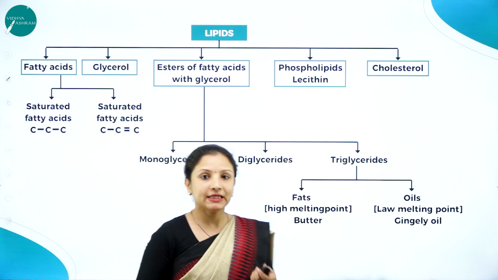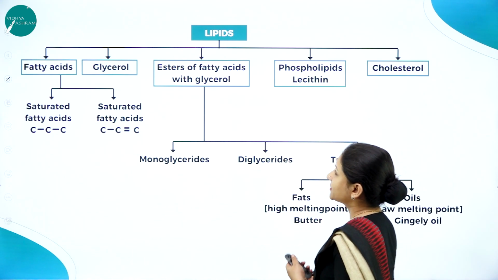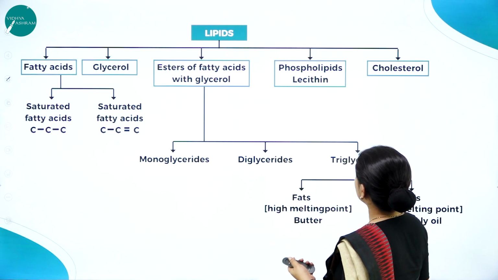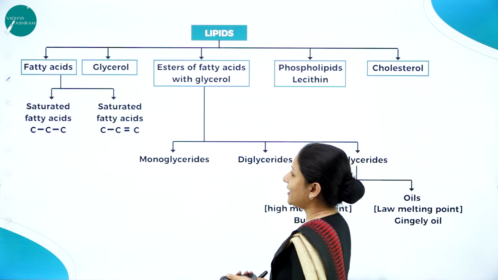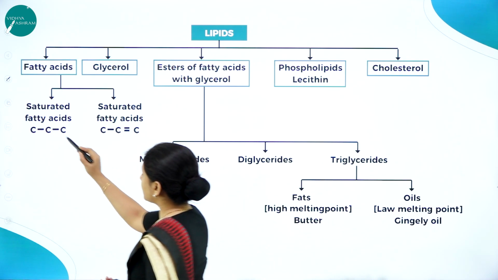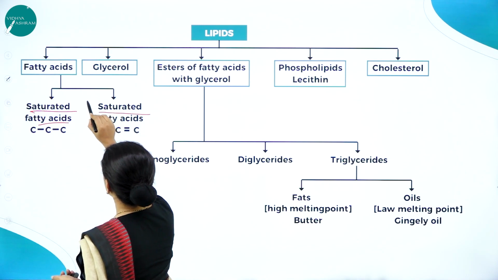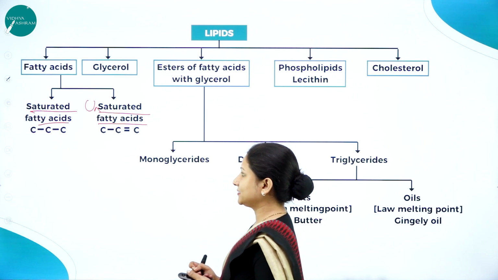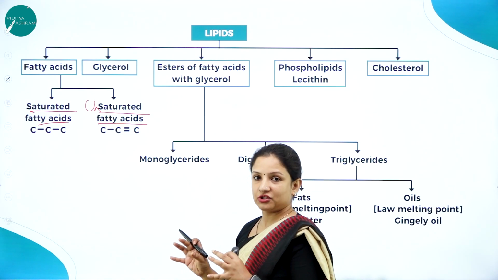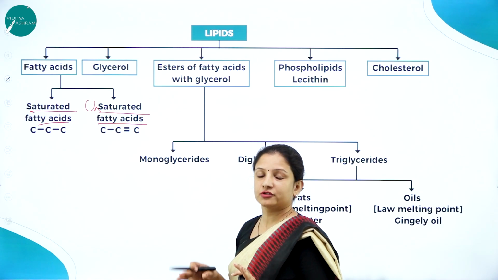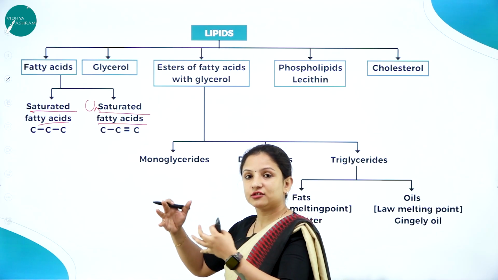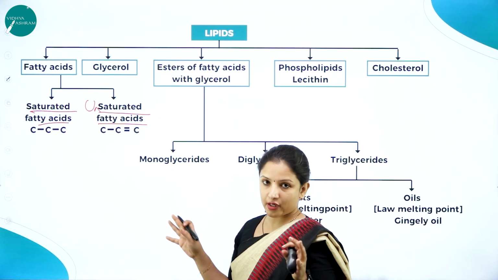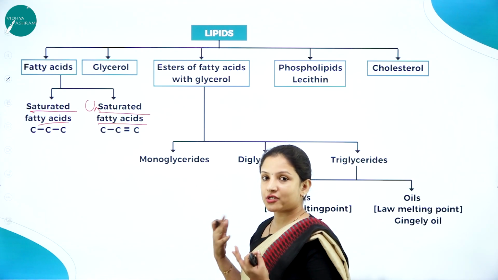Next, moving further, lipids. Lipids are of different types: fatty acids, glycerol, esters of fatty acids with glycerol, phospholipids and cholesterol. Fatty acids are again of two types: saturated and unsaturated fatty acids. Saturated fatty acids means that in the carbon chain, they do not have a double bond. So if 10 carbon atoms are there in a particular fatty acid and there is no double bond at all in between, then we call it a saturated fatty acid.